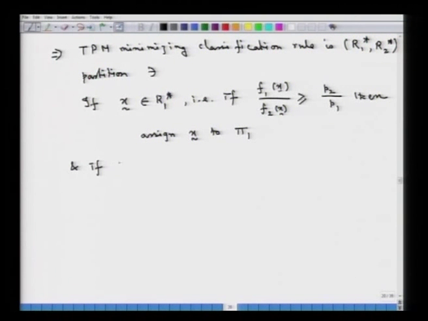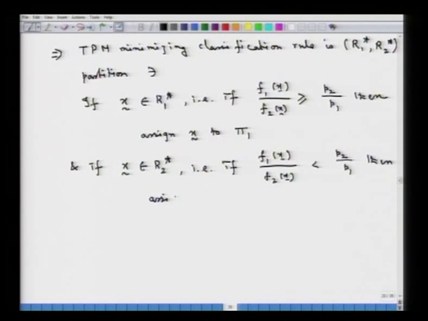And if x belongs to R2 star, which is the complementary region of R1 star, that is, if for a particular x we observe that f1(x) by f2(x) is strictly less than P2 by P1, then assign that x to the second population, that is pi 2. So, this is the classification rule which minimizes the total probability of misclassification.